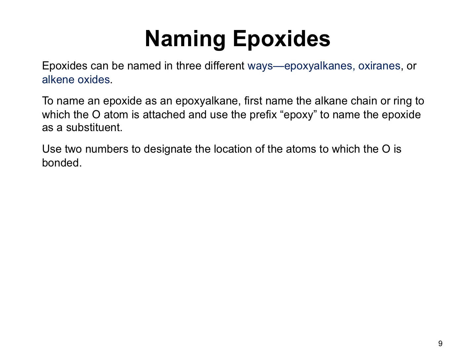So to name an epoxide as an epoxy alkane, you need to first name the alkane chain or ring where the O is attached, and then use the prefix epoxy to name the epoxide as the substituent. So let's talk about that. When we look at the ring, so let's say we've got this oxygen, and it forms a ring like this, but it's attached to a second ring.